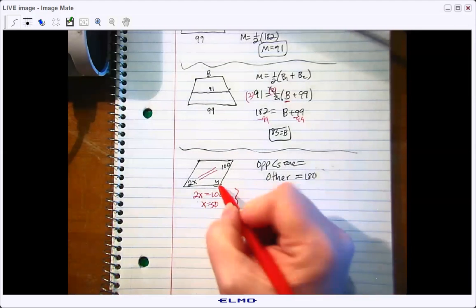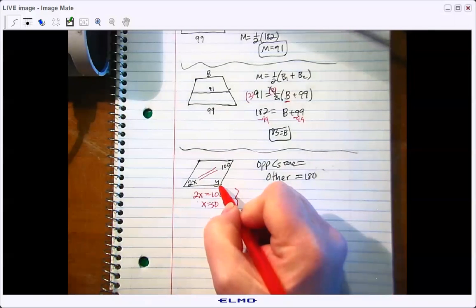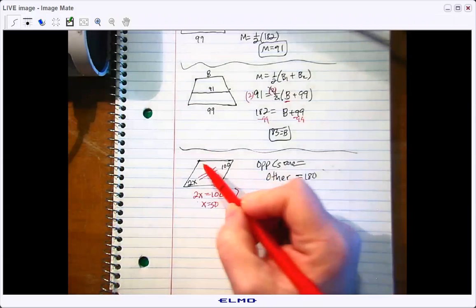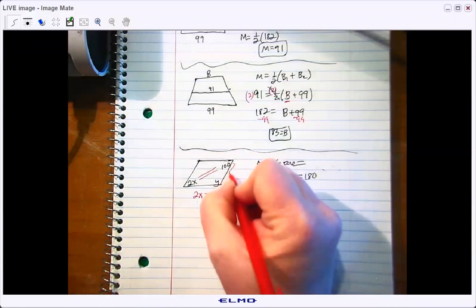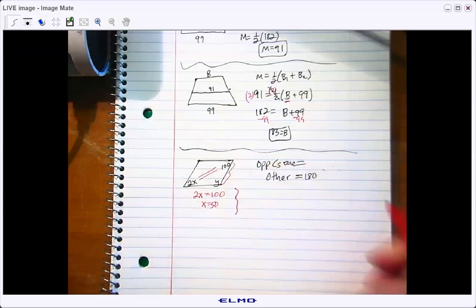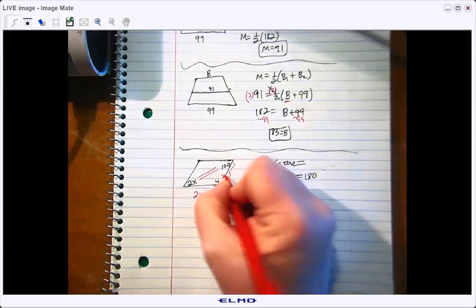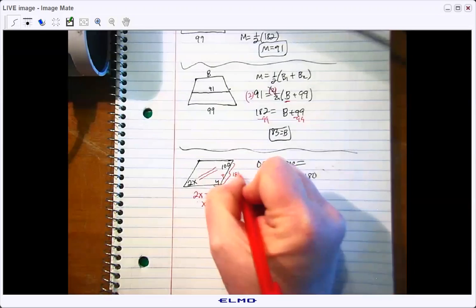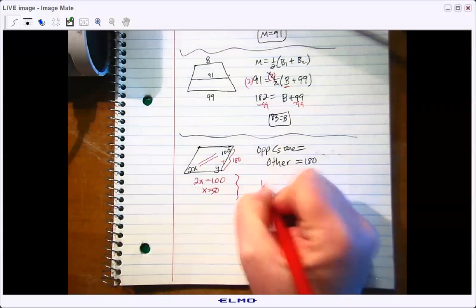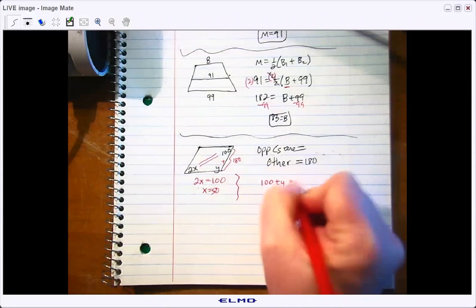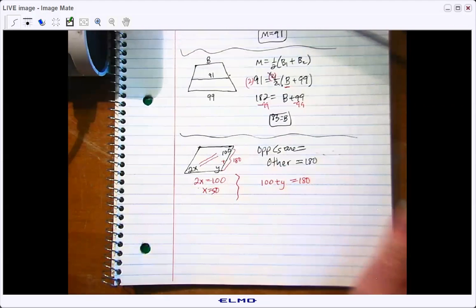So if I'm solving for y, I don't have an opposite, but I have an other. So these are the other, and I know that these have to equal 180. So that becomes my equation. 100 plus y equals 180.